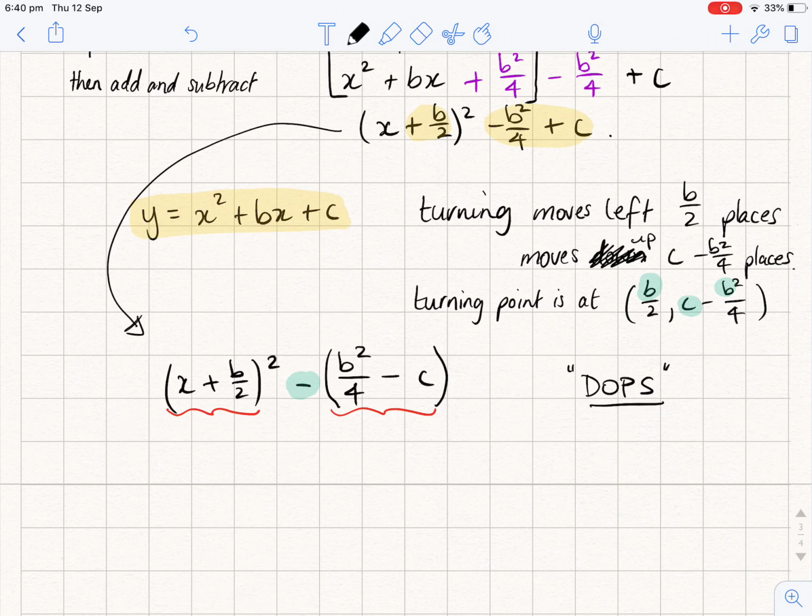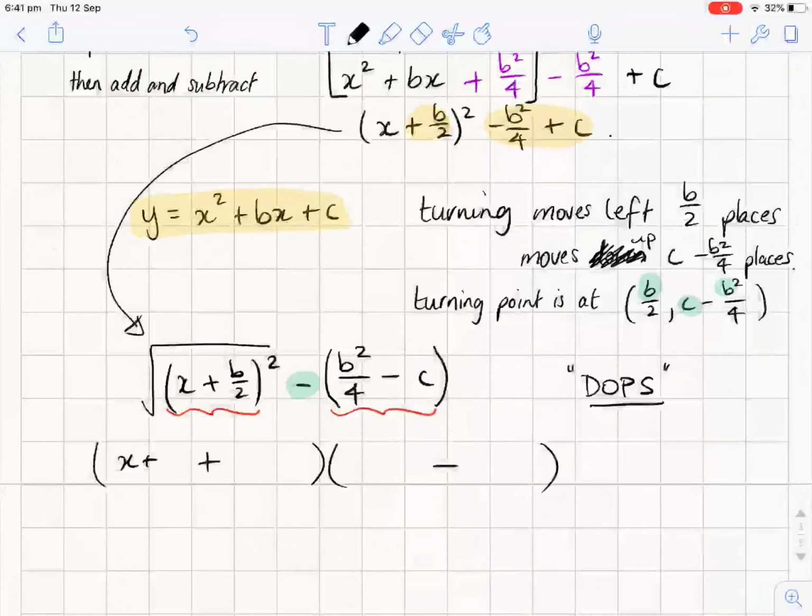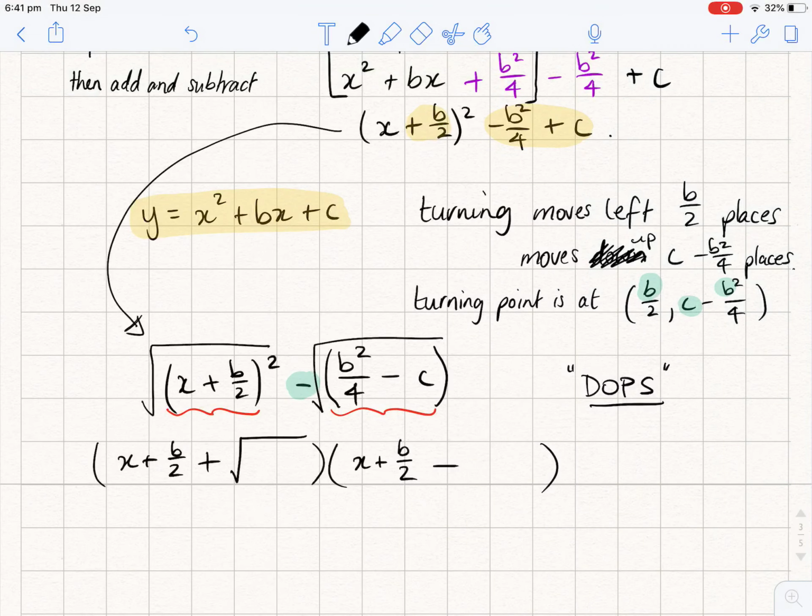When I have a difference of perfect squares, I end up with two brackets, one with a plus, one with a minus. I need to take the square root of the first part, and it goes into the first spot. And then I need to take the square root of the second part, it goes in the second spot.